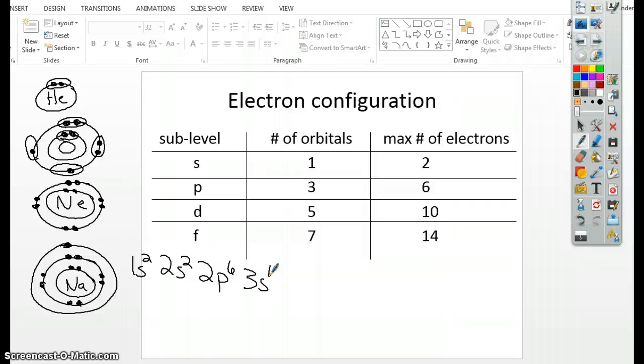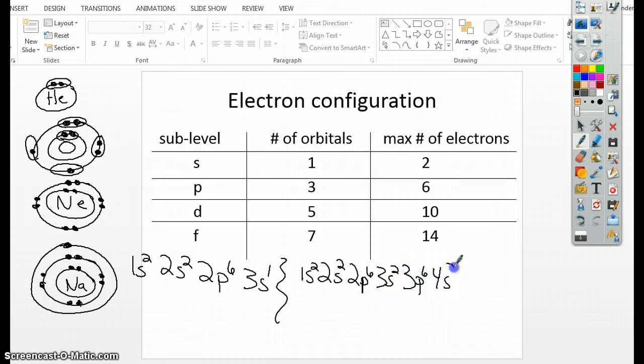Now what I want to do, I'm going to give you an electron configuration. Okay, and from here, you're going to figure out how many electrons are in the outer shell and what element this is. To figure out electrons in the outer shell, you look at the highest energy level that was written down.